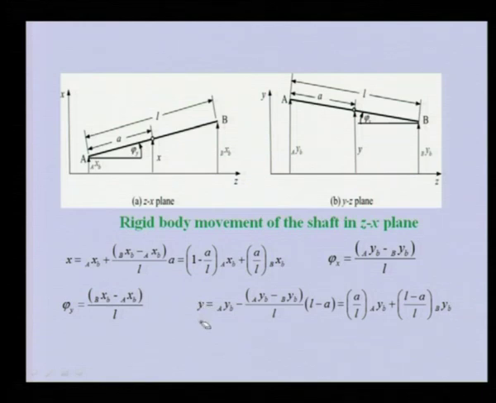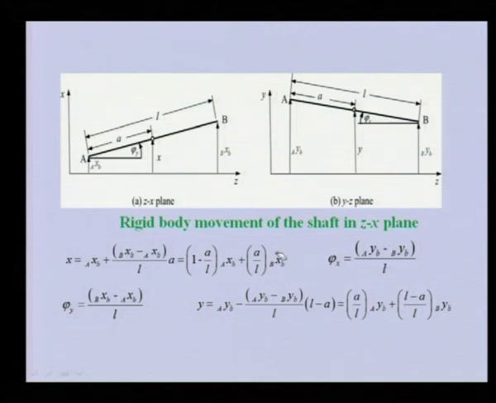Y we are expressing as y b minus the slope, and the location of the disc from this end, and this can again be arranged in terms of the bearing displacement at end A and at end B, and this is the slope of this particular shaft.